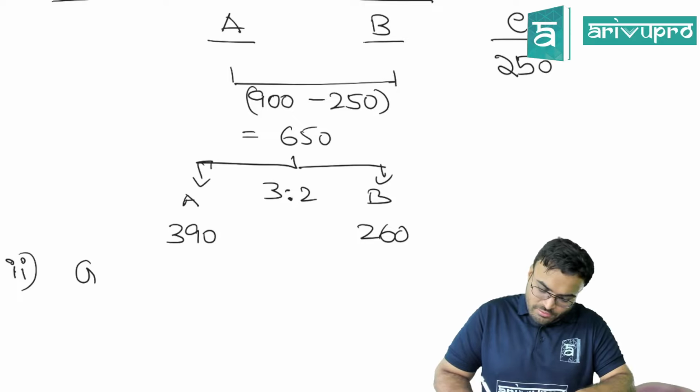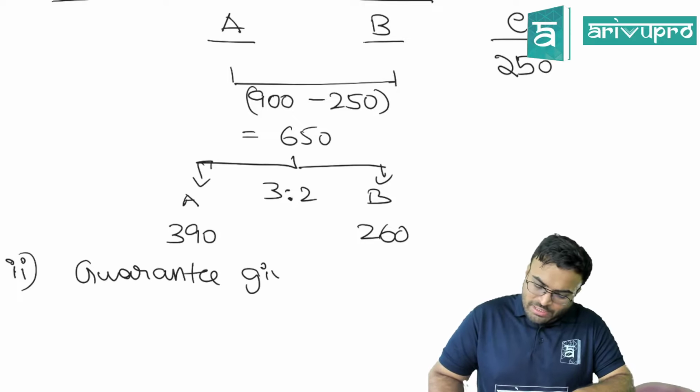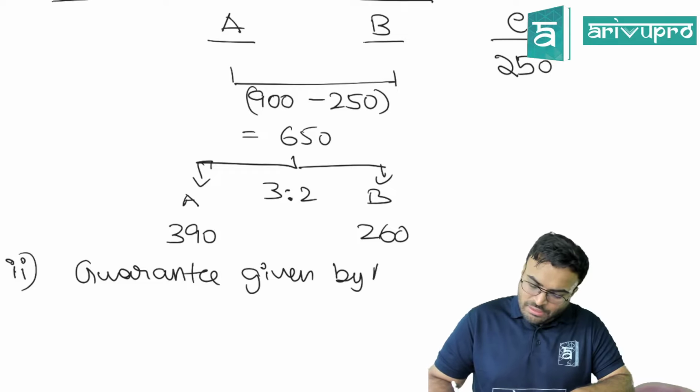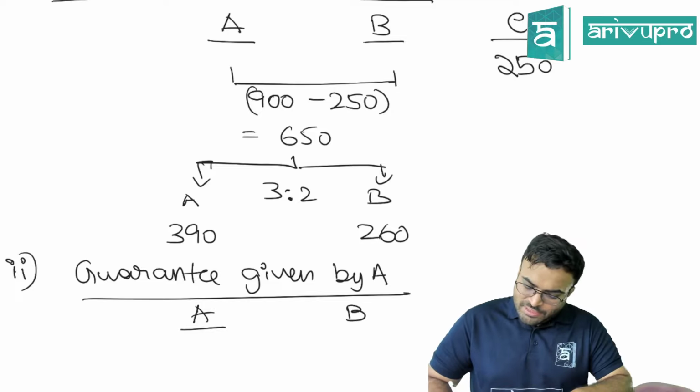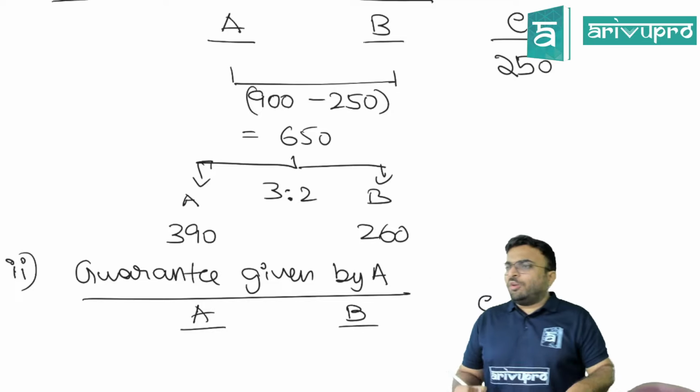What is the next one? Guarantee is given by A. If we have a situation like this, if guarantee is given by a particular partner, then what will we do?